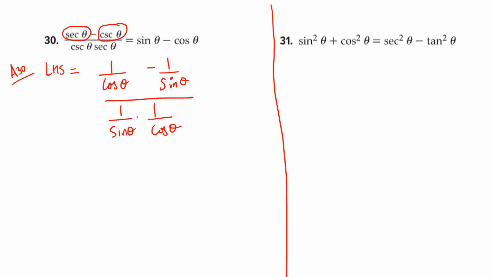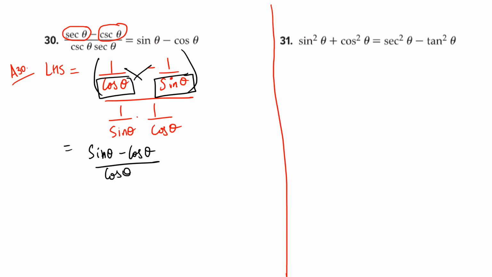To simplify more, we will take the LCM for this numerator. To make the denominators equal, we multiply sine theta and cos theta together and then use the property for LCM. So the new numerator will become sine theta minus cos theta divided by cos theta multiplied by sine theta.